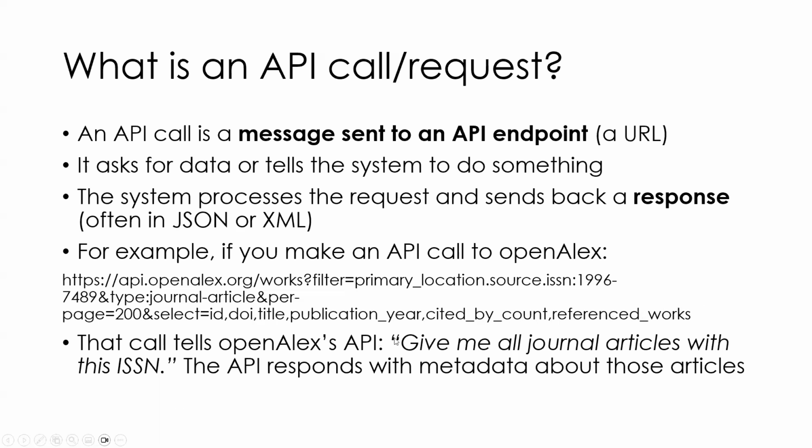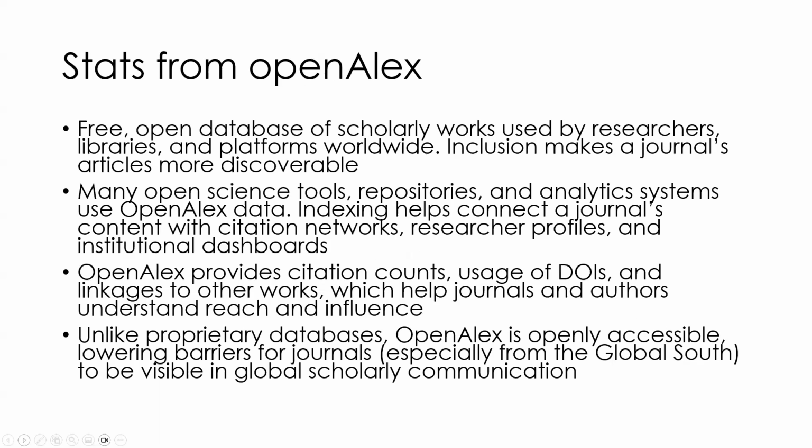That call tells OpenAlex's API, give me all journal articles with this ISSN and all those details. And the API then responds with metadata about those articles in JSON, XML, or CSV.